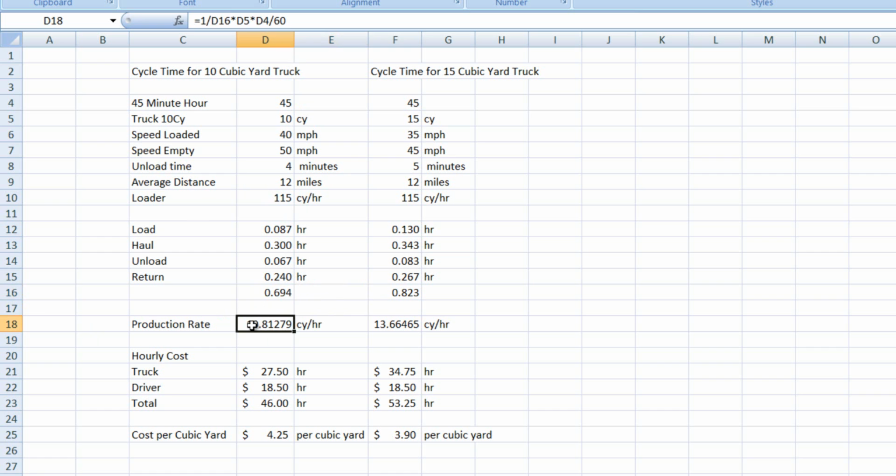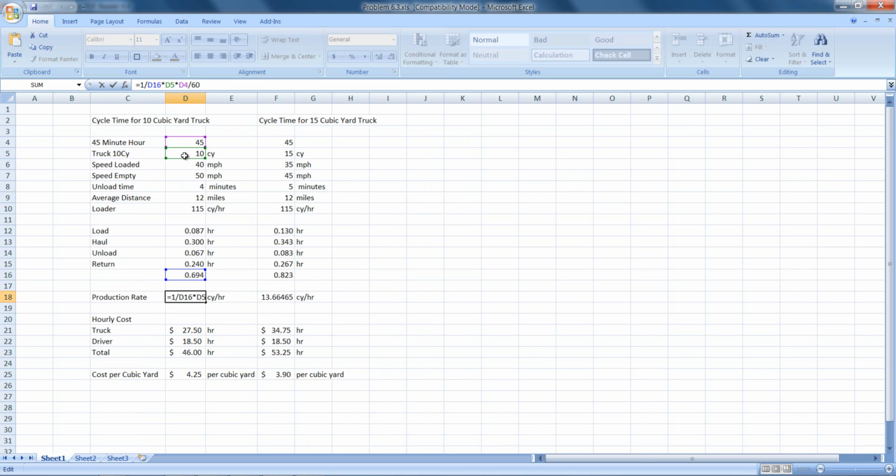The way we're going to figure the production rate is we are going to take one cycle and divide it by 0.694, which is the time period that we're taking, and then multiply it times the cubic yards in the truck, and then multiply that times 45.